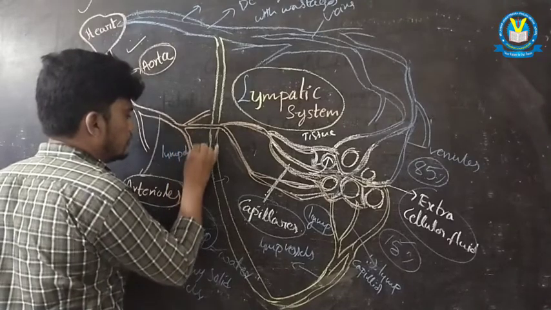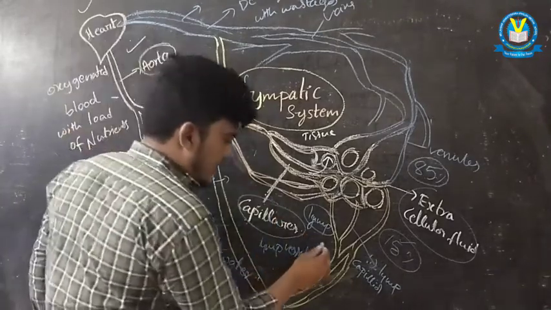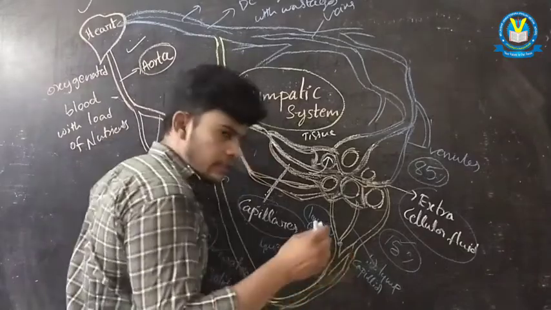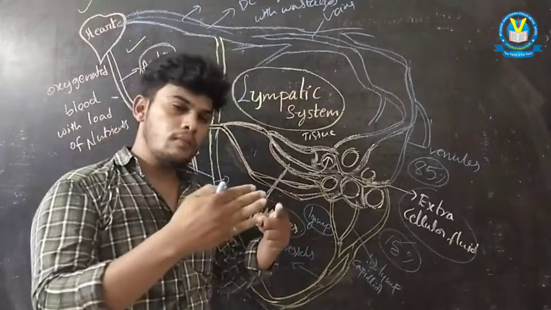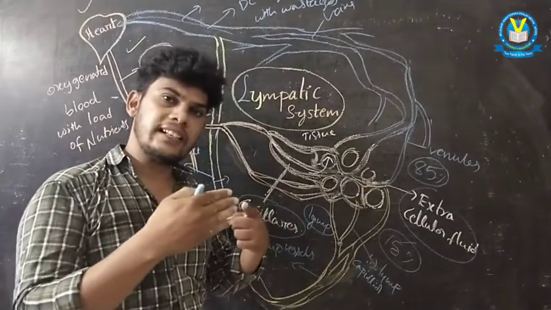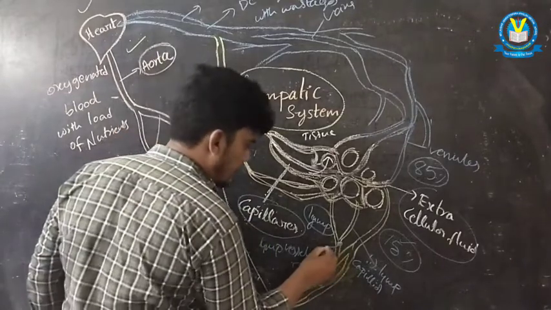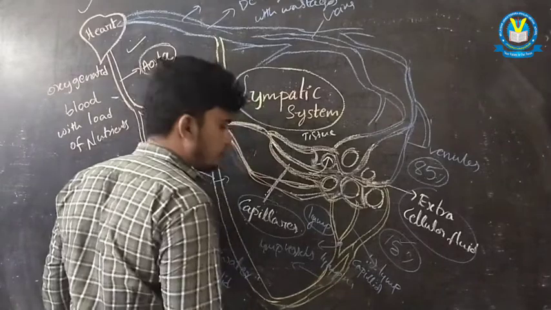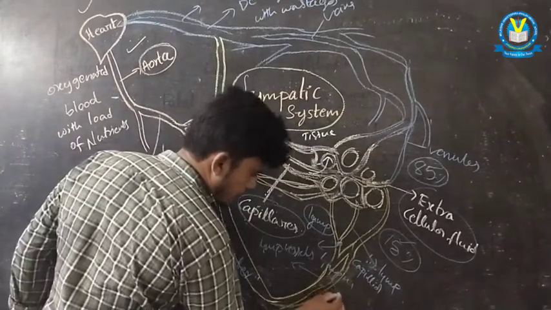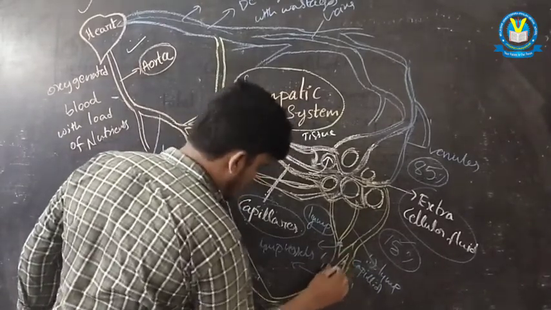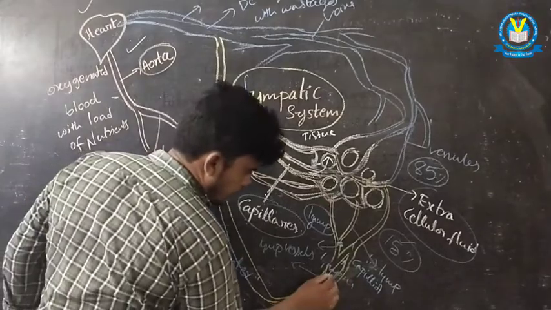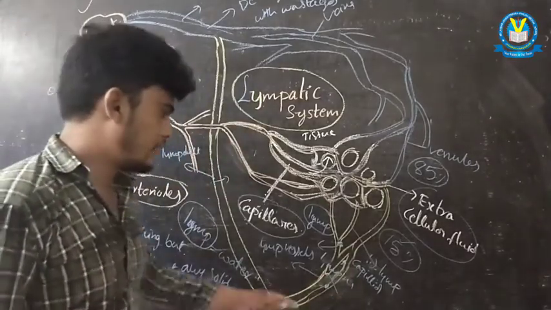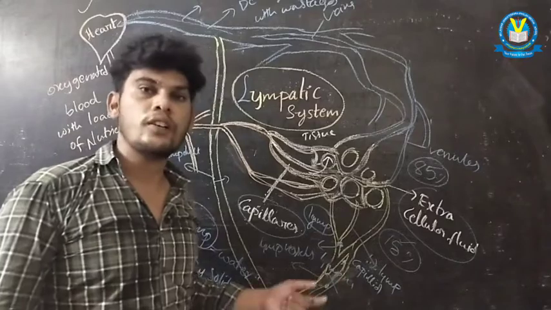Lymph duct. The junction here, where two or more lymph vessels are connected, is called a lymph node. Lymph nodes. These junctions, where two or more lymph vessels are connected, are lymph nodes.